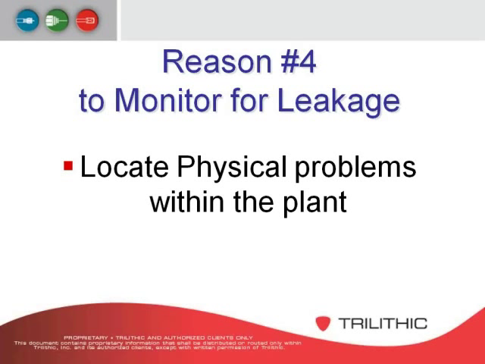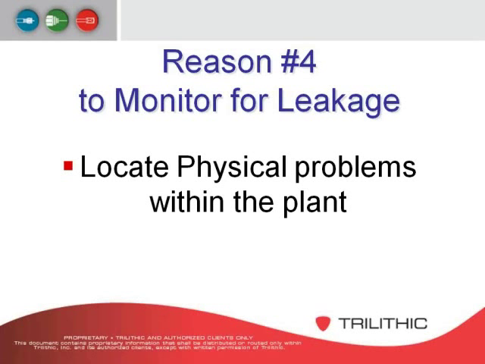Reason number 4 to monitor for leakage: to locate physical problems within the plant. There are times that you'll have intermittent issues throughout your network, and signal leakage monitoring will often pinpoint some of those problems. For example, let's say you have a damaged piece of feeder because maybe the street department just put in a new stop sign, or a customer just added a new mailbox post and nicked the cable.